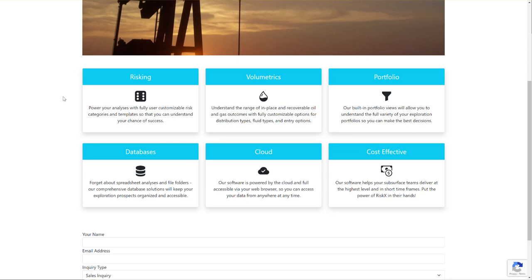So I know a lot of you are saying, hey, we already do risking and volumetrics and we have our portfolio. But then when I go through to do peer reviews a lot of times, the database that I see is literally hundreds of Excel spreadsheets. And what ends up happening is, you have 3 different interpreters, and they've all made different interpretations of the same prospect.